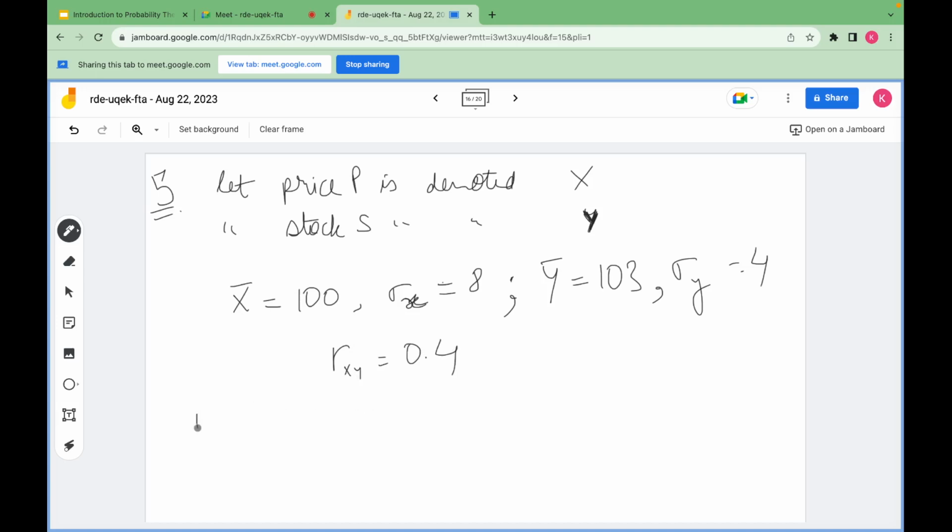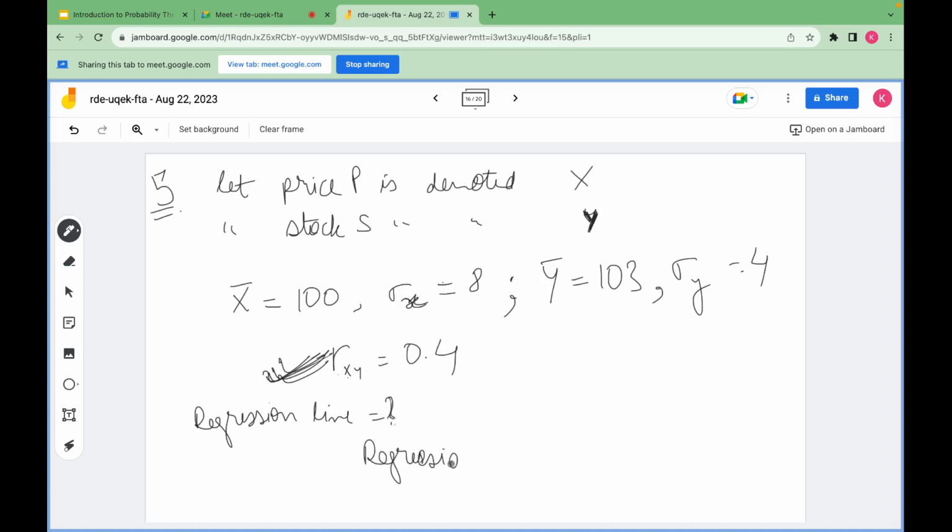Now we need to find the regression line using this data. We know that when we know the data, then we can easily find the regression line. But here we don't have the data, but we have these average values and these standard deviations. But we also have this correlation coefficient. So from here, we can find the regression coefficient, right?